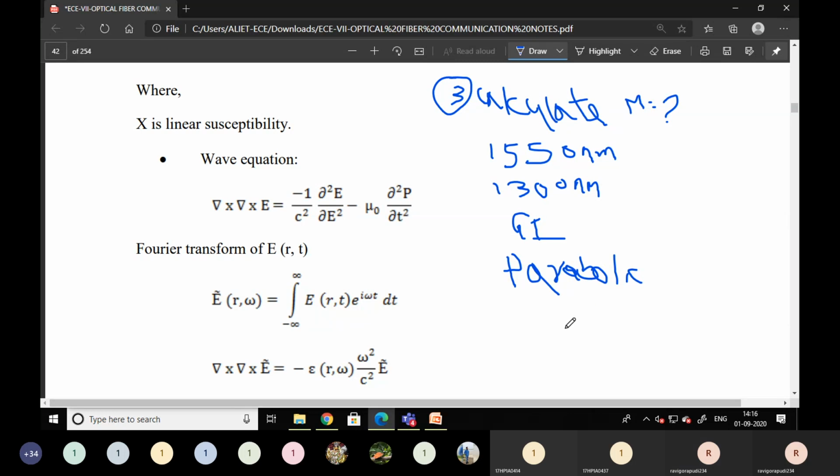A 20 micrometer core radius, and N1 is 1.48, N2 is 1.46.